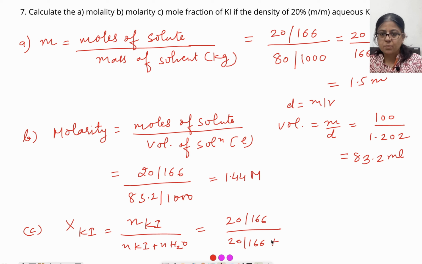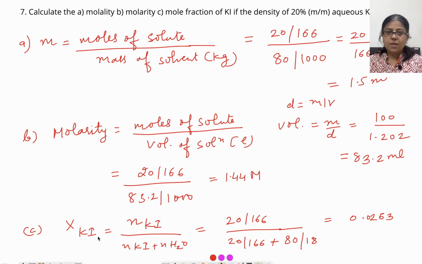Number of moles of water will be equal to mass of the solvent, that is 80, divided by molar mass of solvent, that is 18. Here we will get the mole fraction value for potassium iodide, which is equal to 0.0263. This will be the mole fraction value for potassium iodide.